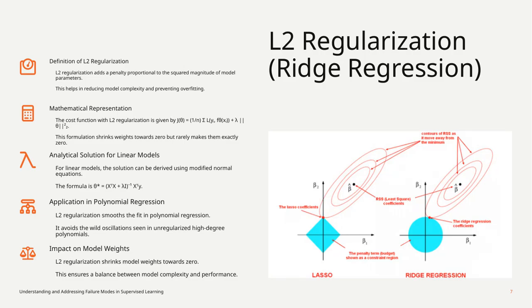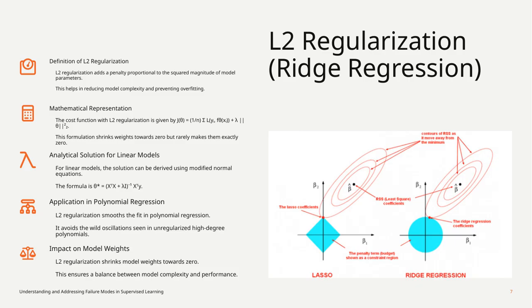Let's delve into understanding and addressing failure modes in supervised learning, starting with L2 regularization, also known as ridge regression. This technique impacts model weights by shrinking them towards zero, which is crucial because it helps strike a balance between creating a model that is too complex and one that is too simple. By doing this, we prevent overfitting and improve generalization.